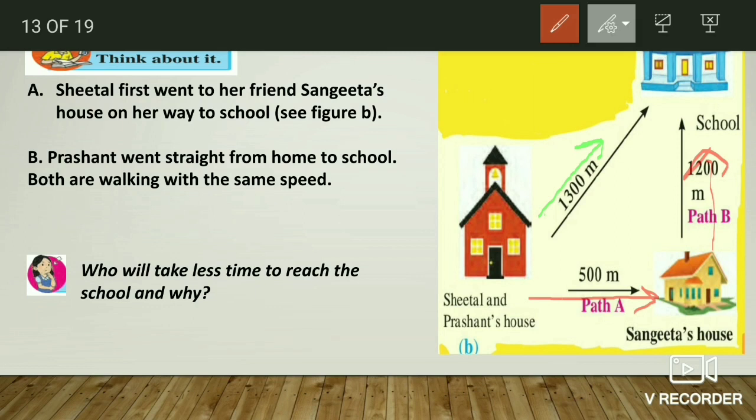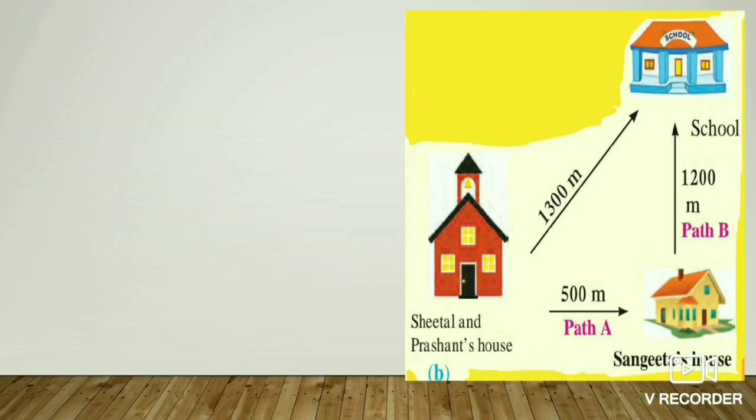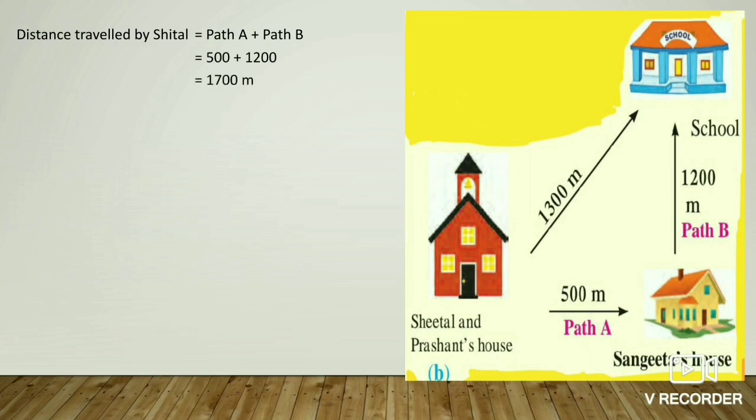Now first we find Sheetal's distance. First, the distance traveled by Sheetal. Here Sheetal first chose path A, then after that path B. So path A plus path B is equal to 500 plus 1200 is equal to 1700 meter.